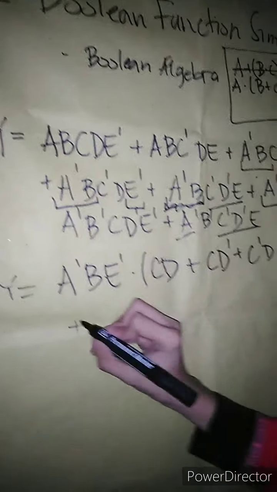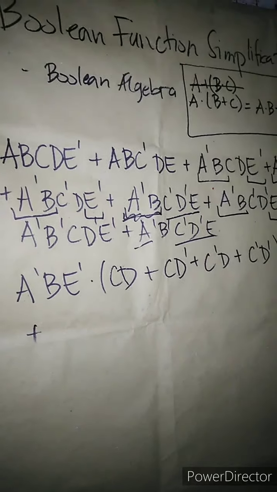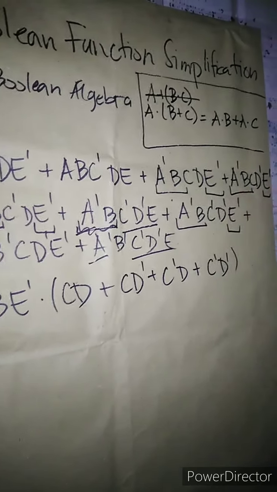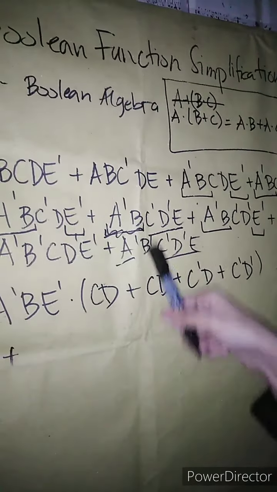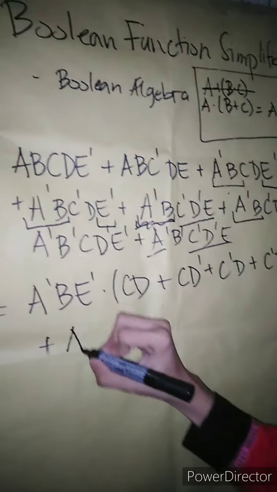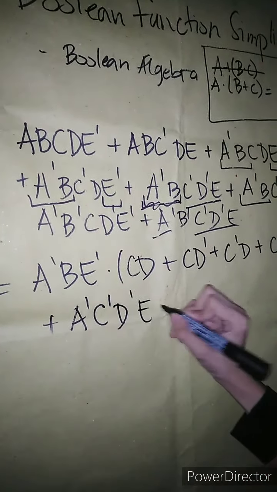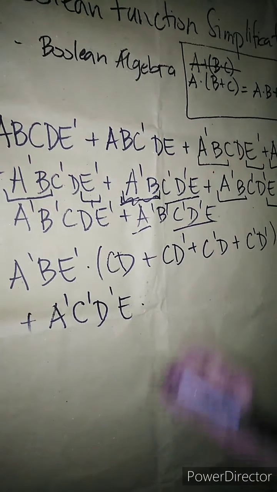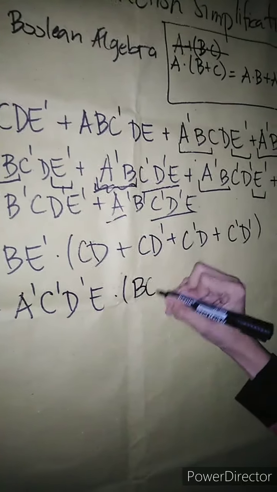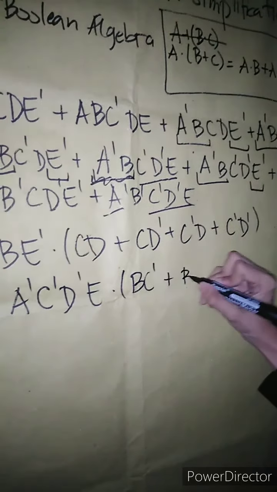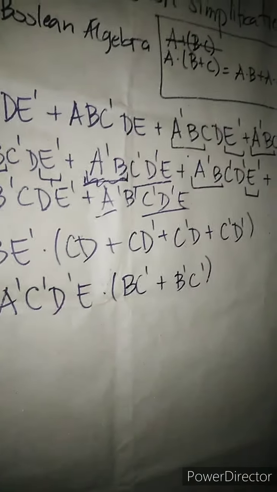Again, using the converse statement of the distributive property, for these terms we will have A prime C prime D prime E, and the quantity of B C prime or B prime C prime.